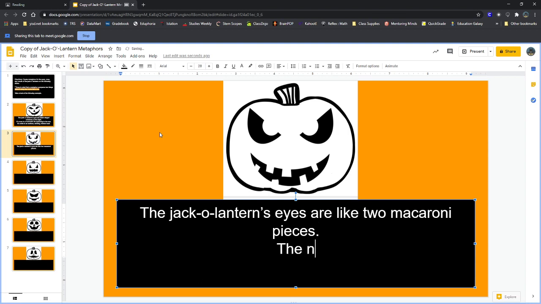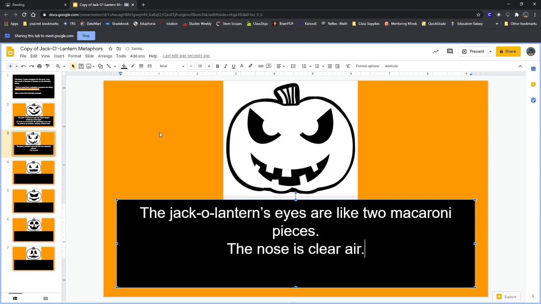The nose is as... Oh, sorry, hold on. If I say that it's as clear as, that makes it a simile. Remember, similes use like and as. But I can say that the nose is... You used like in the first one.